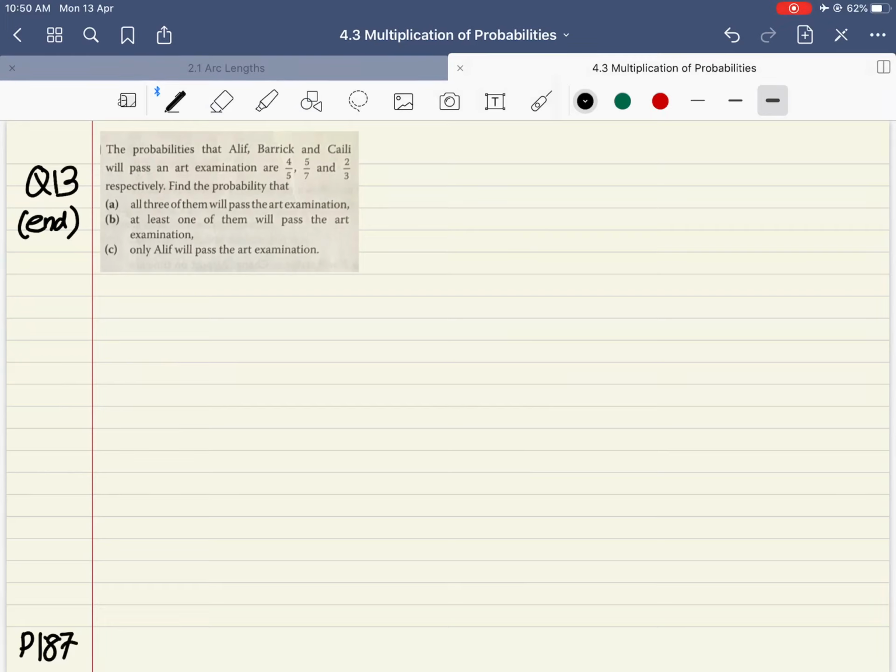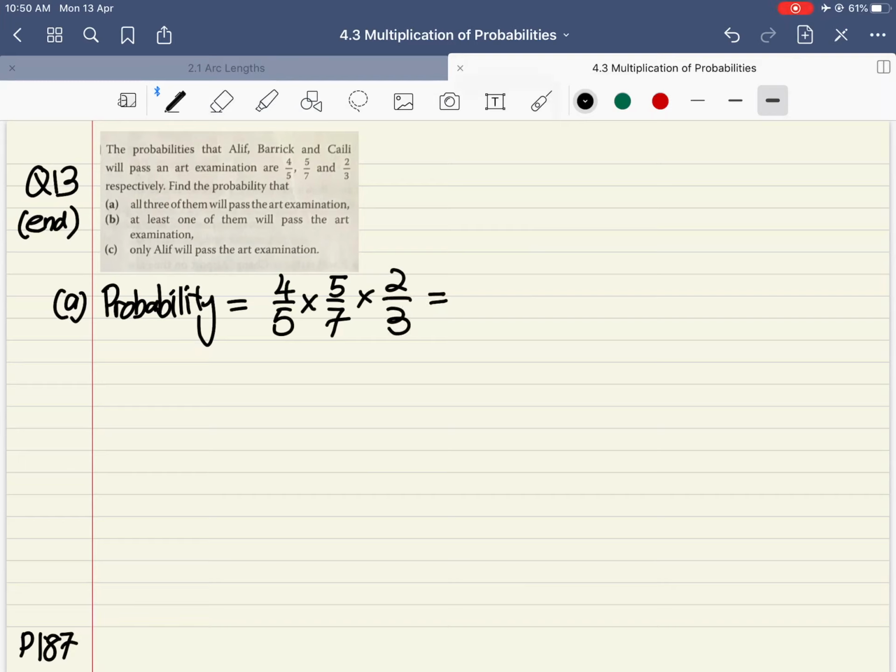And this will be the last question before I let you go and try some work on ClassKick. Okay, this is question 13. Question 13 has Alif, Barik, and Kylie, who will pass an art examination. So if all 3 are passing, the probability in this case means that Alif passes is 4/5, Barik passes is 5/7, and Kylie passes is 2/3.